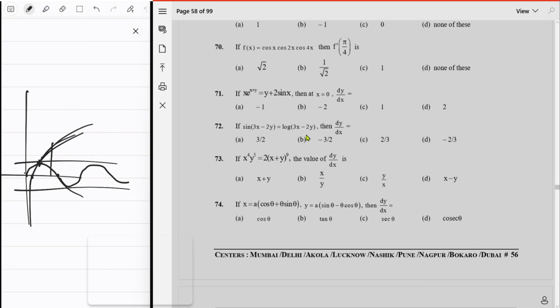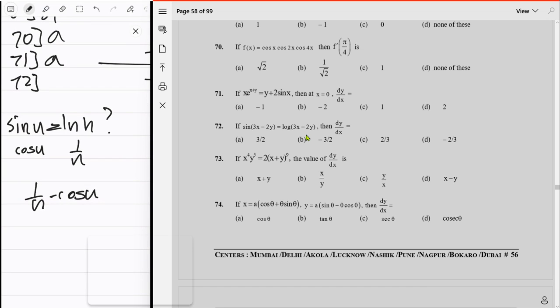When is that point going to happen? At e, of course. So e is 2.7 something, and pi is 3.14. So before pi, it will become more than 1. All we have to show is that before e, the difference was completely increasing.